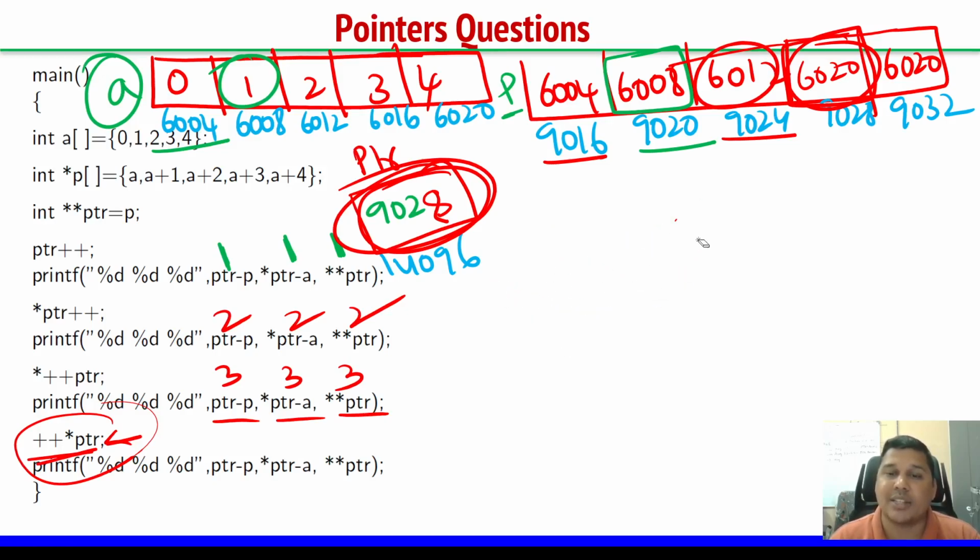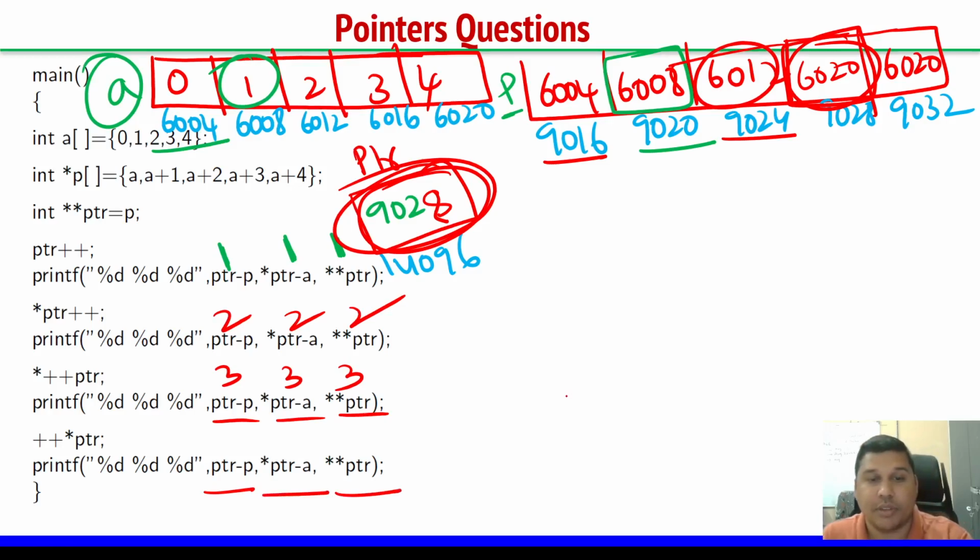Now can you guess the answers of the last three differences here? Tell me what is PTR minus P, star PTR minus A, double star PTR. With this modified data, with the current status of PTR and the current status of P, please try to guess the differences.